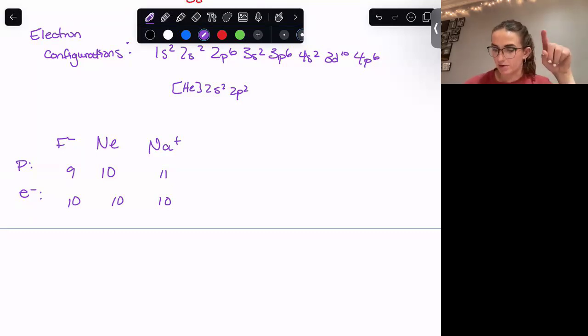If we have 9 protons to 10 electrons, one owner is doing double duty, holding 2 dogs with the same leash. That's going to be a little bit more unstable and harder to hold on to. On the other hand, if we have 11 protons and 10 electrons, that means we have 11 owners and 10 dogs.